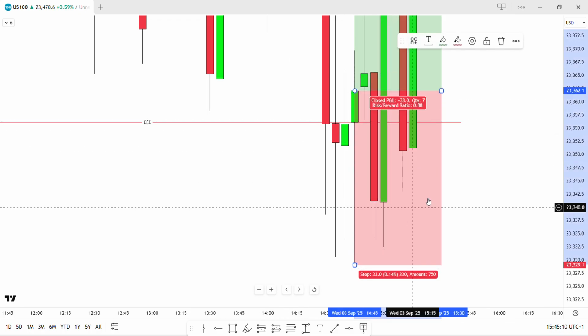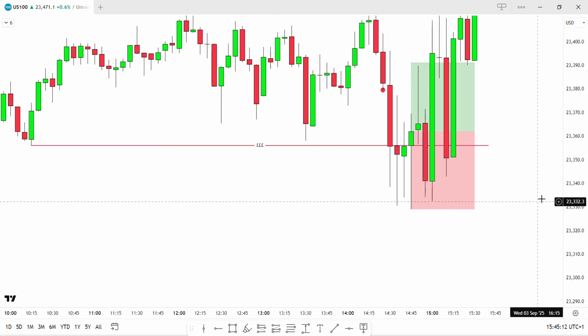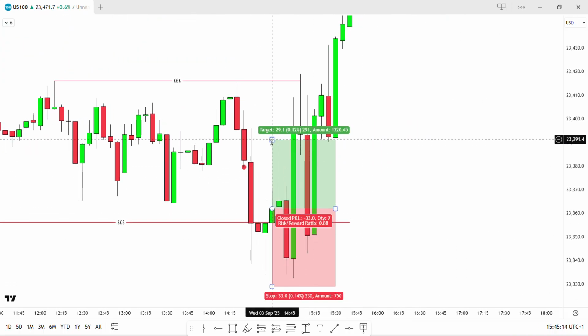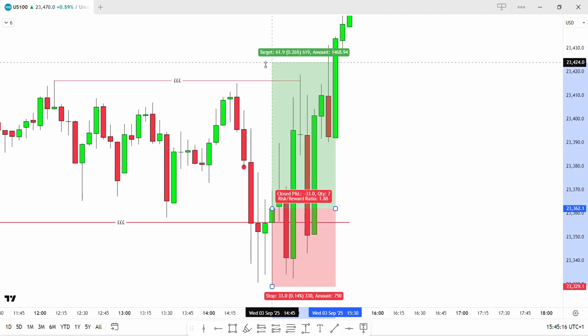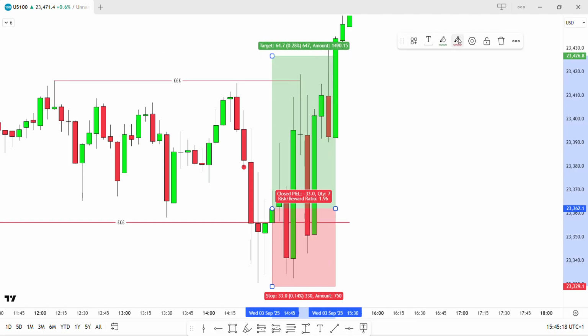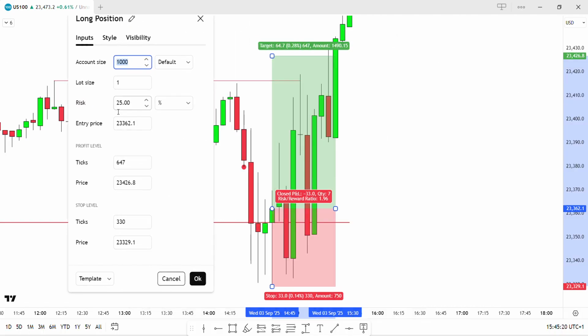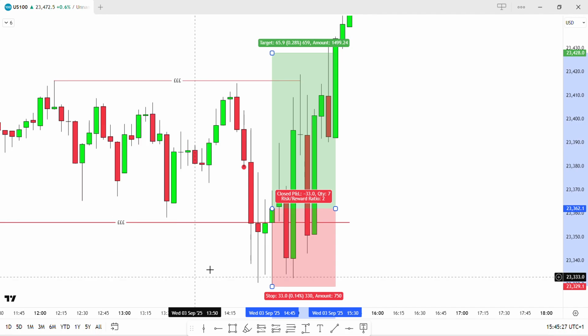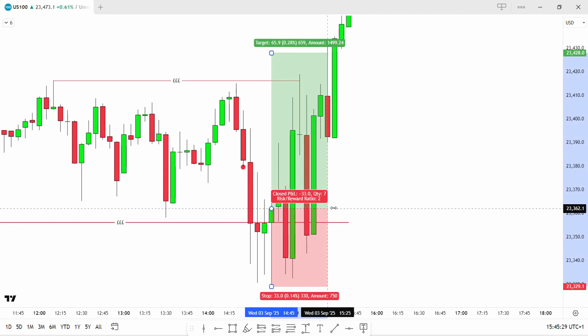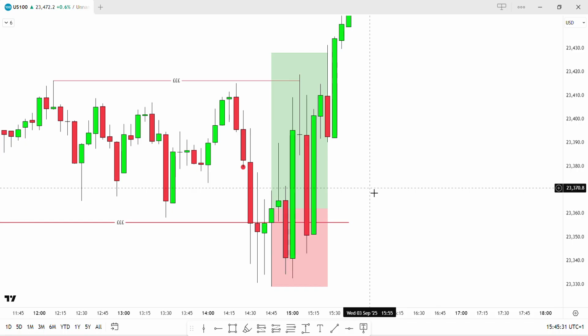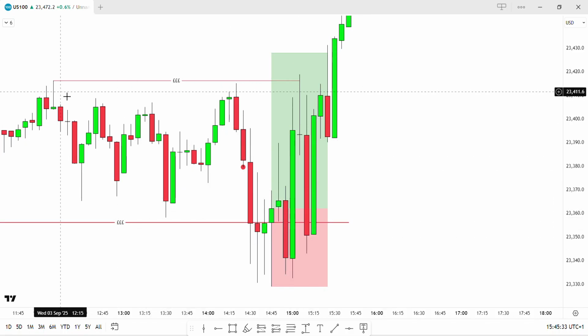33-point stop loss, targeting a 2-to-1. Let's get that exact. Okay, there was the 2-to-1 trade. This was the first signal, so obviously I marked up this, but we opened up down here.